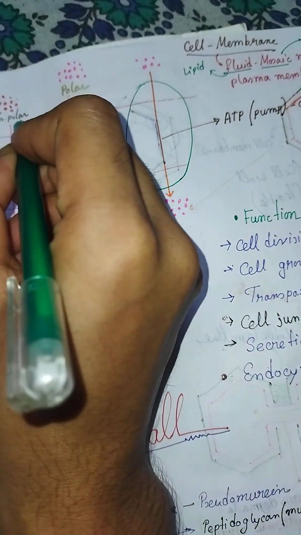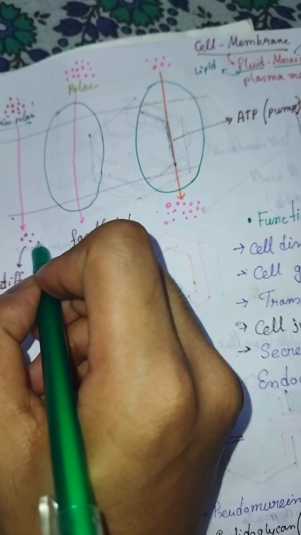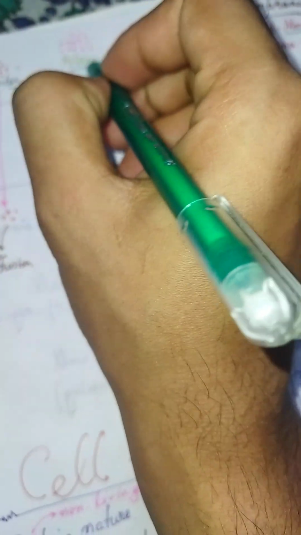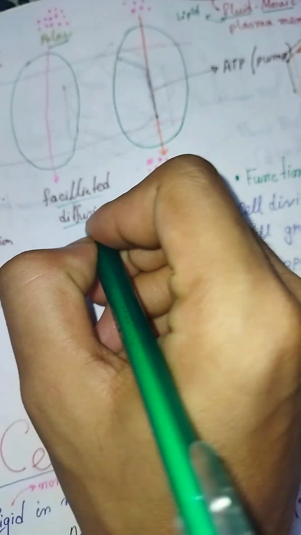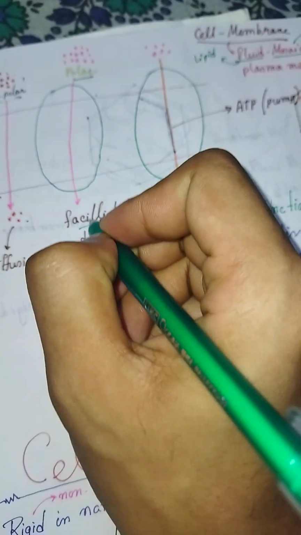Here, a non-polar or neutral solute moves from high concentration to lower concentration through simple diffusion, and water moves through osmosis. A polar solute needs a carrier, facilitated diffusion, from higher concentration to lower concentration.